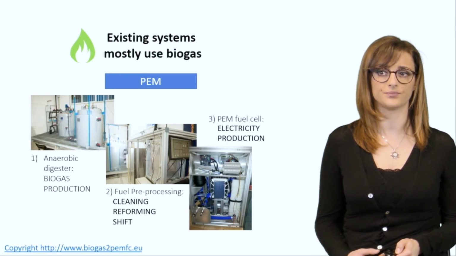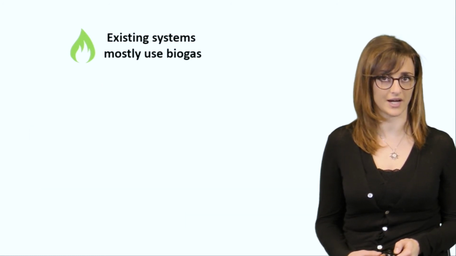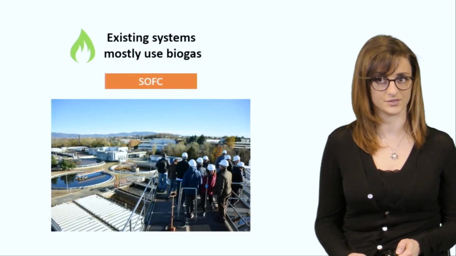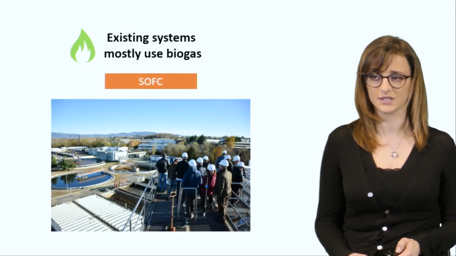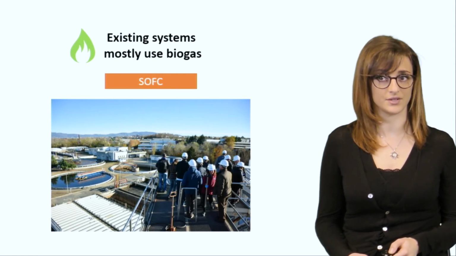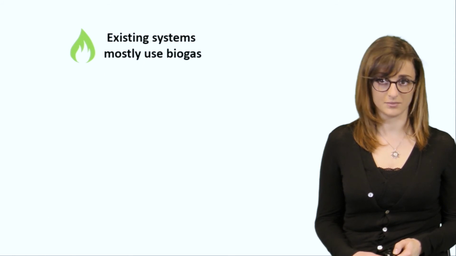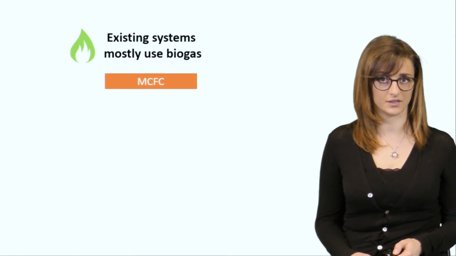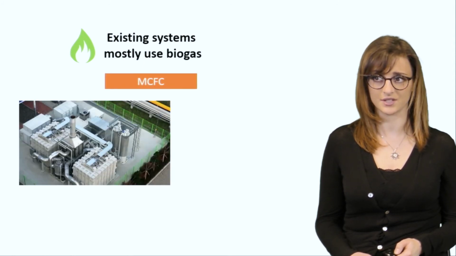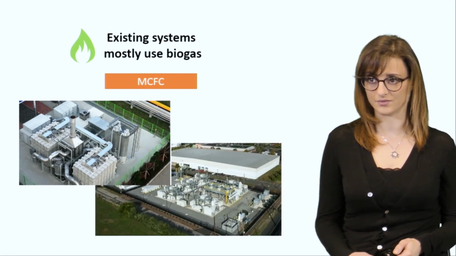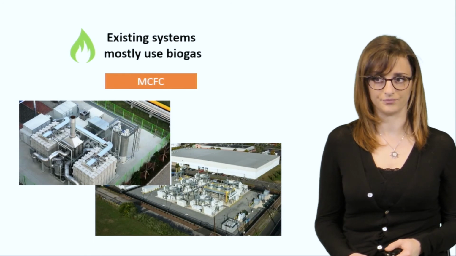Or we have an example of a high temperature fuel cell application, mostly based on solid oxide fuel cell technology, still based on biogas conversion. The same fuel may be used as an alternative to natural gas, also in molten carbonate fuel cells, which is one of the most affirmed technologies among the fuel cells.